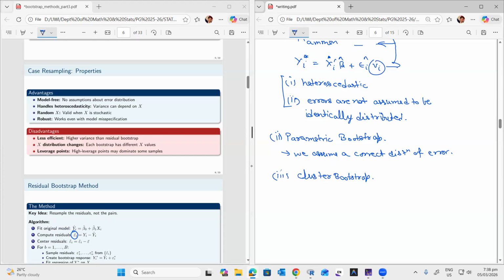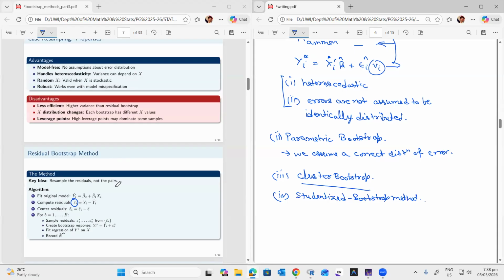And the fourth one is the studentized bootstrap, the bootstrap distribution of the studentized statistics, which we discussed in the previous lecture. So these are the methods that we basically use in bootstrap regression modeling.